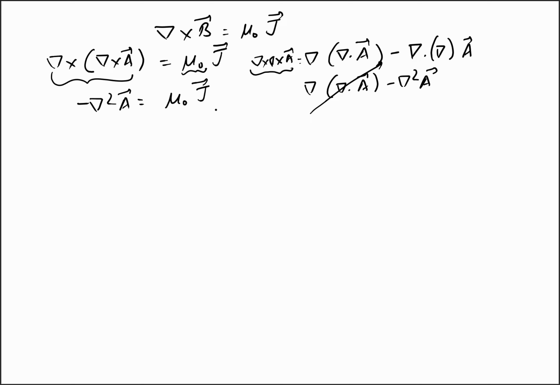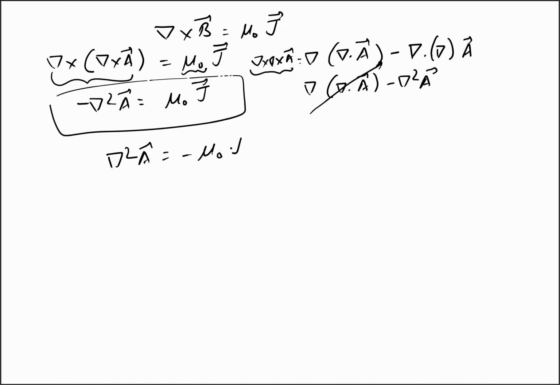However, for magnetic materials, this mu can vary with position, and then we will have to worry about its variation with the gradient and the curl; that we will see when we study magnetic materials. For now, we will just take the simple case. So I can write del square A is equal to minus mu naught J.